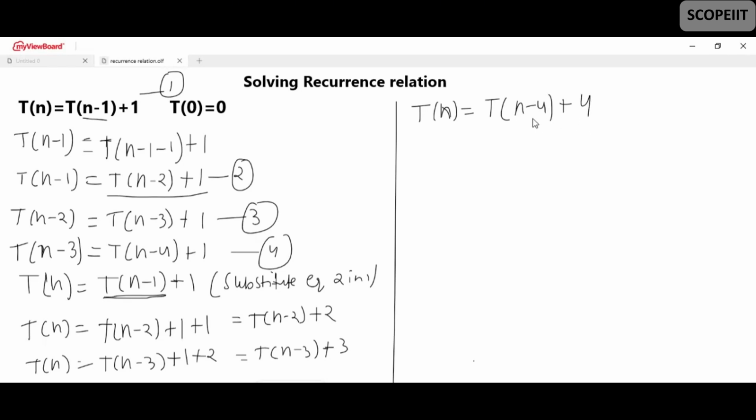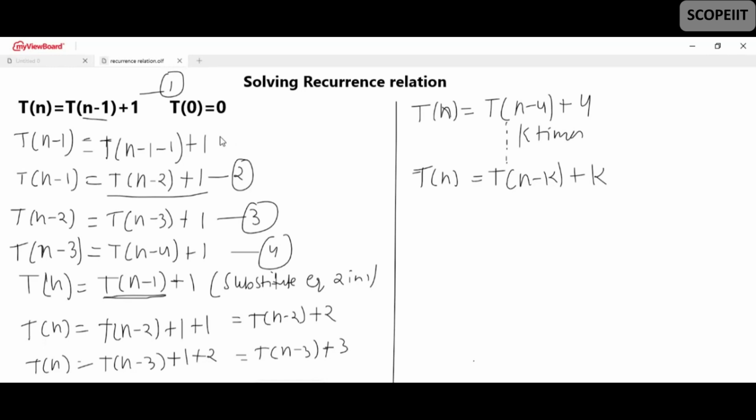Now once you get this equation, we will find it k times. What do you mean by k times? Whatever constant you have here, we'll replace it with k. For example, we consider k as 4. So your equation will become T of n is equal to T of n minus k plus k.